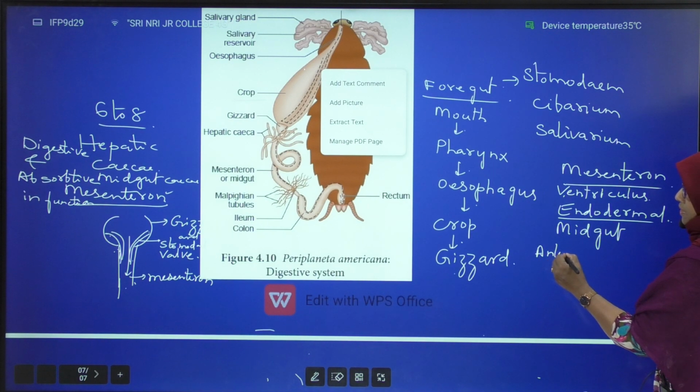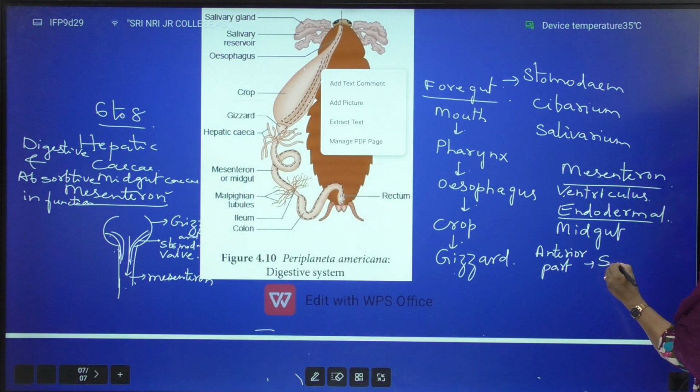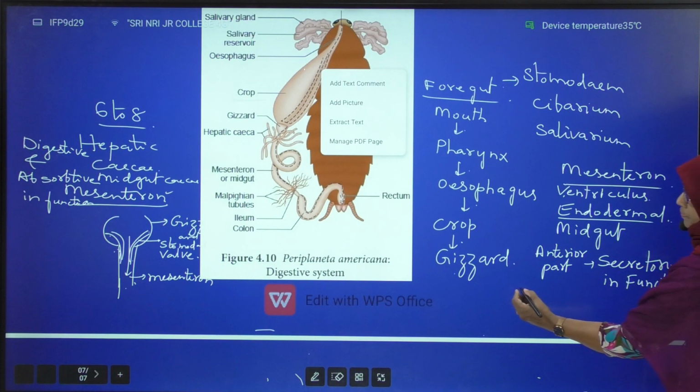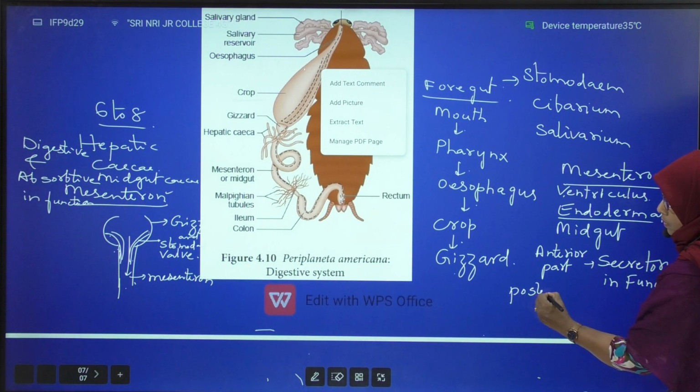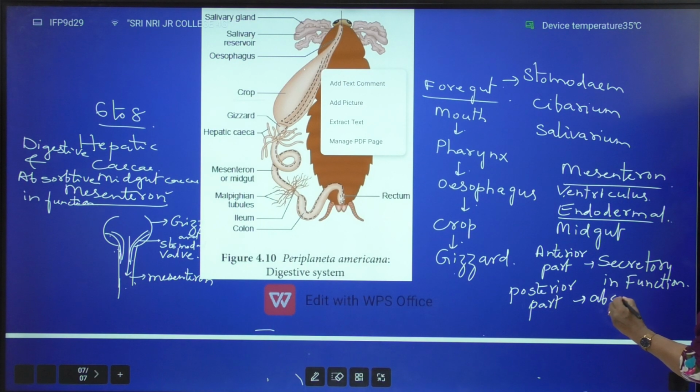Next, the mesenteron is divided into two parts. The anterior part of the mesenteron is secretory in function, and the posterior part is absorptive in function.